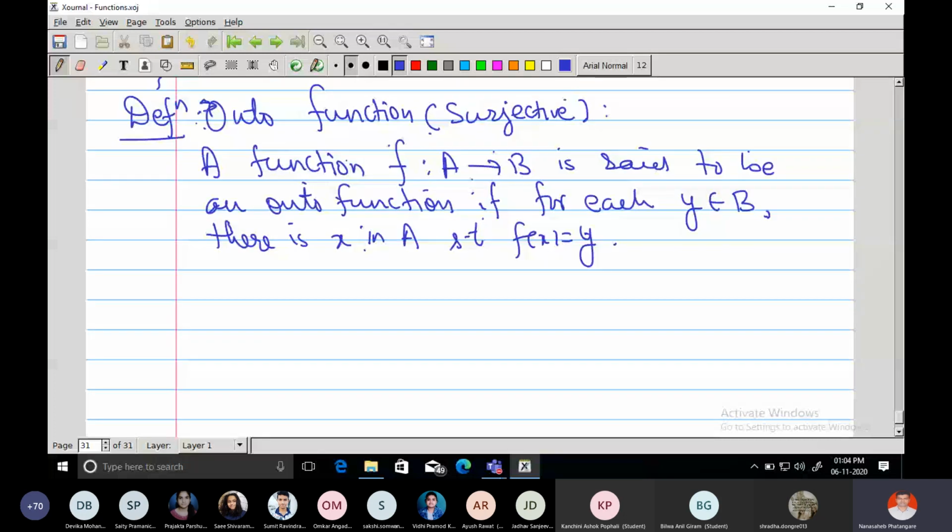So for every element in the codomain, we can produce some element in the domain whose image is y.